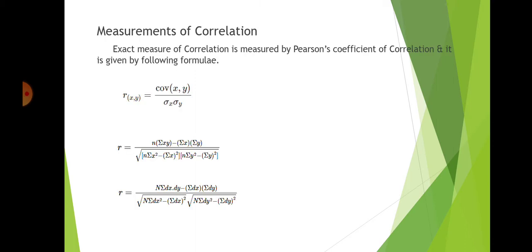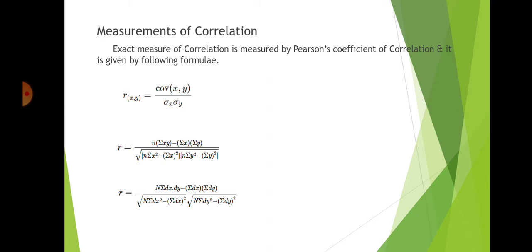You see, in a scatter diagram, you are not able to obtain the exact value with which the two variables are correlated. Here, to overcome this, Karl Pearson has given a formula for the computation of relation between two variables.